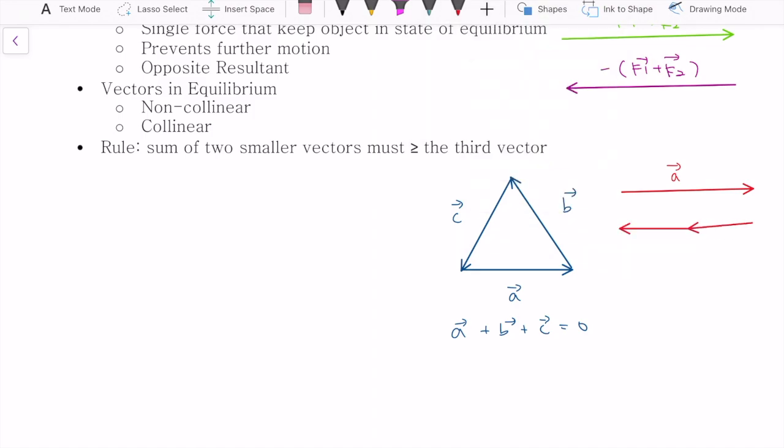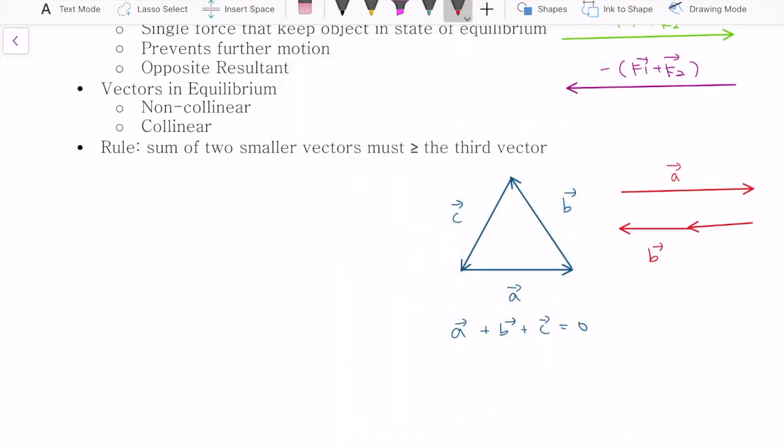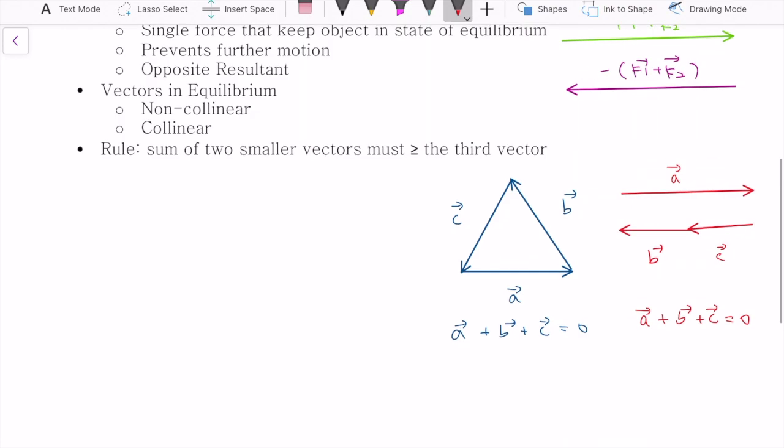They're in the opposite direction with the same magnitude, and we'll call them B and C. And if you put them on top of each other, it'll still be A plus B plus C equals 0. So these are examples of non-collinear and collinear vectors that are in equilibrium.